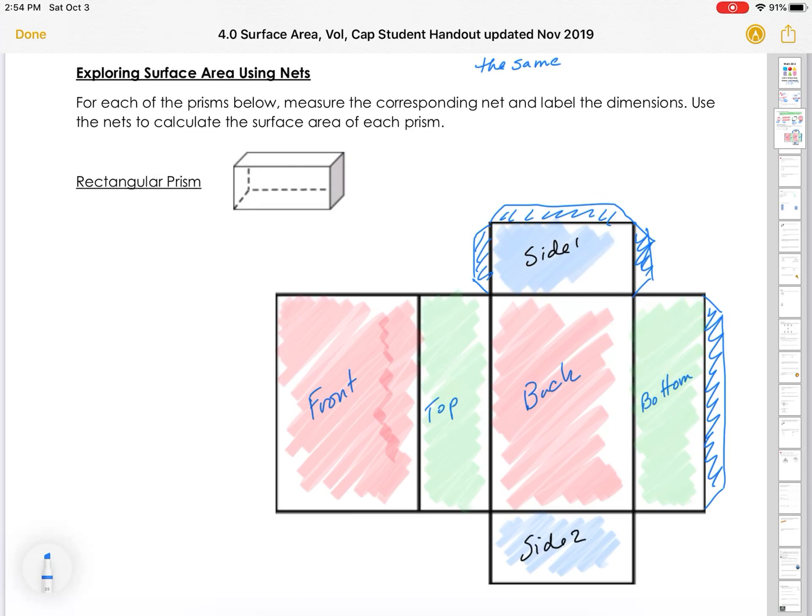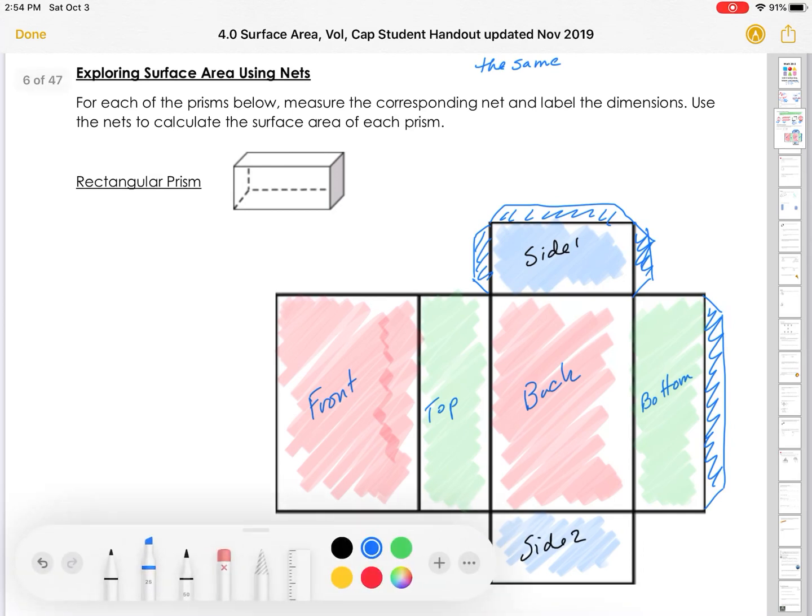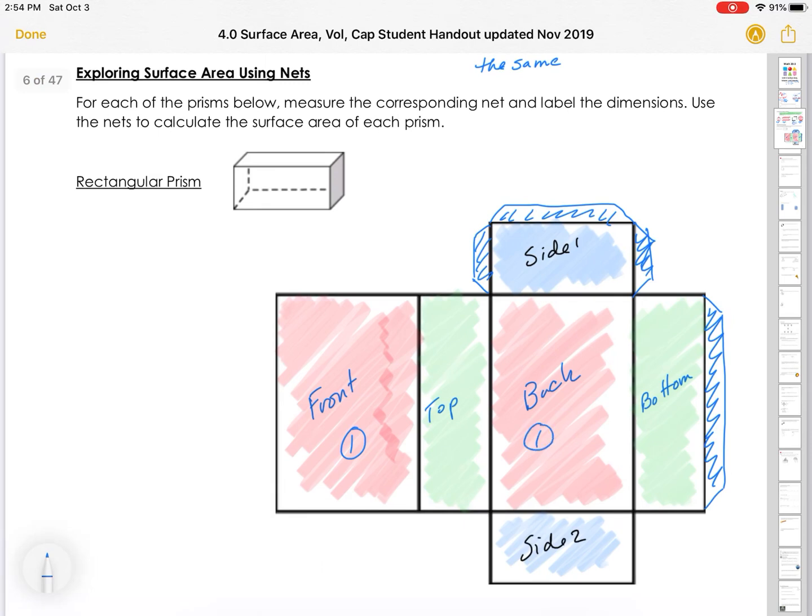right? When we expand it out, when we unfold the net, what happens is that we can see that we have similar shapes. So we really just have 3 different rectangles. We have this one, and it's the same as that one. We have this one, 2 and 2, and we have 3 and 3.